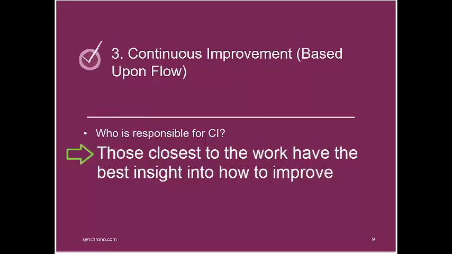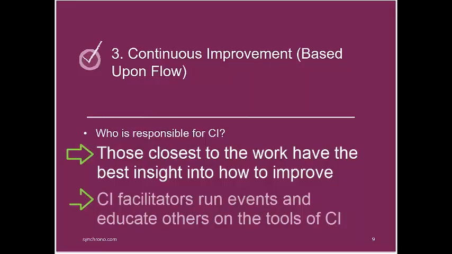So, it's important that continuous improvement people within an organization really see themselves as supporters or facilitators of the continuous improvement process as opposed to the people that do continuous improvement. They should be running the events around continuous improvement and helping to educate people on the tool set for continuous improvement, but they shouldn't be the one driving the continuous improvement.